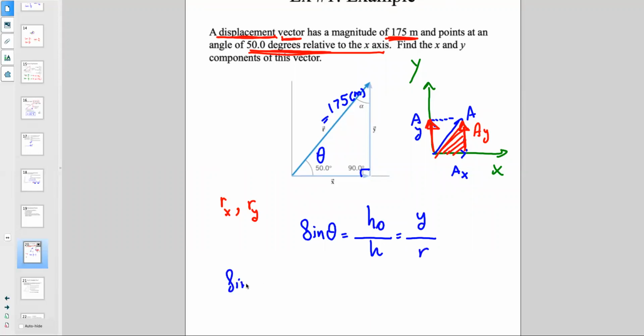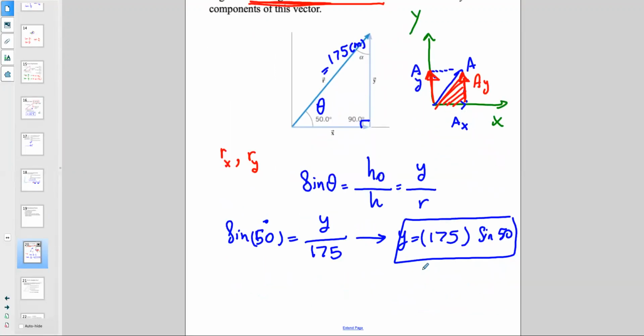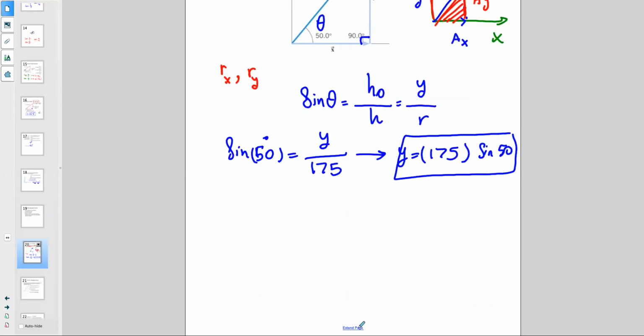So sine of 50 degrees is y over r, which is 175. Now y therefore is 175 times sine of 50. Put this in the calculator.